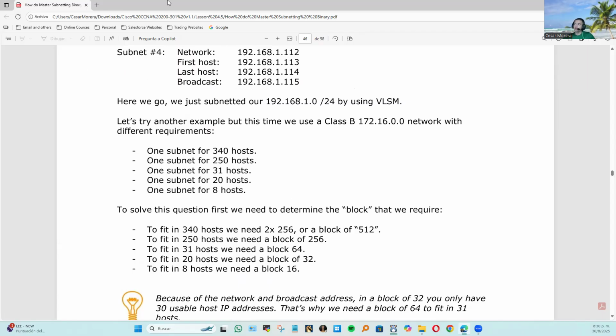We will need a block of 512 for the first one, 250 for the other one, 64 for the 31 hosts. For 20 hosts, we will need a block of 32. And for 8, we will need a block of 16. In that way, with this information and blocks, we can do the next exercise.